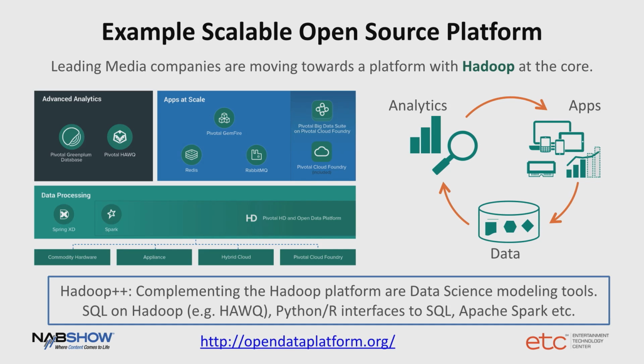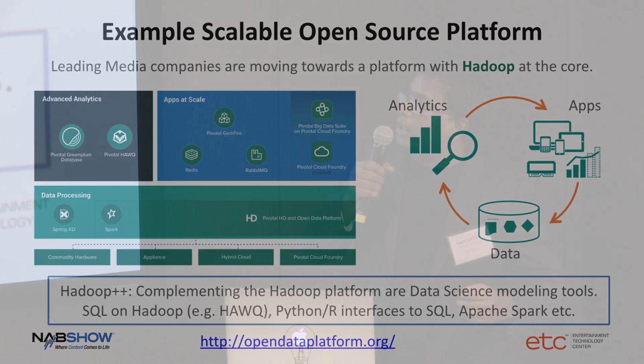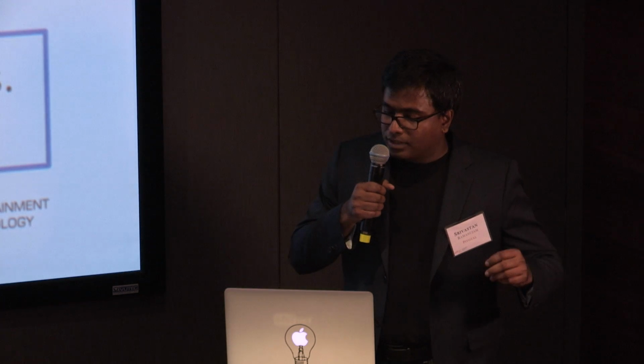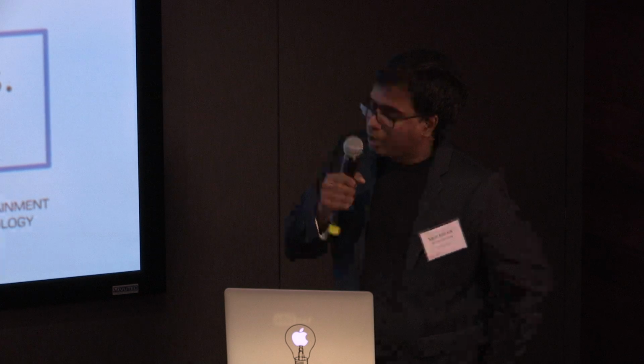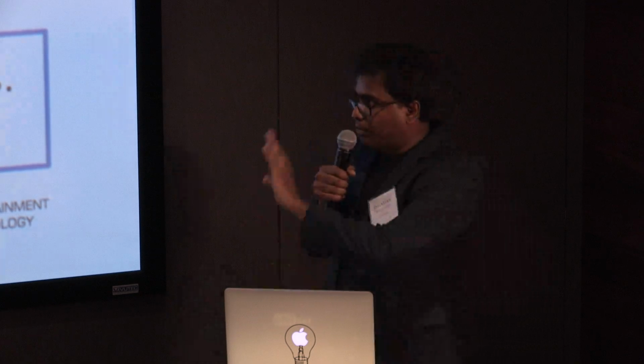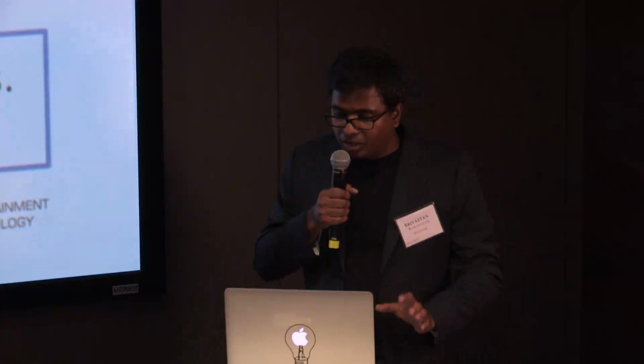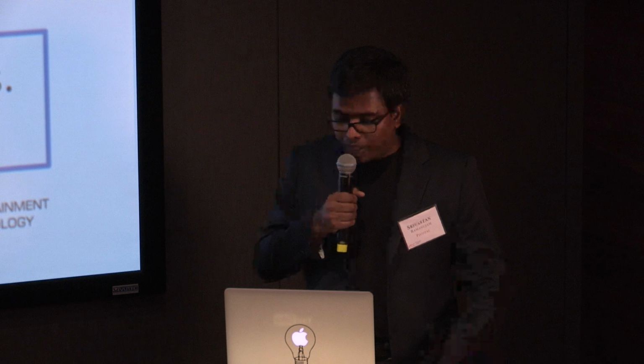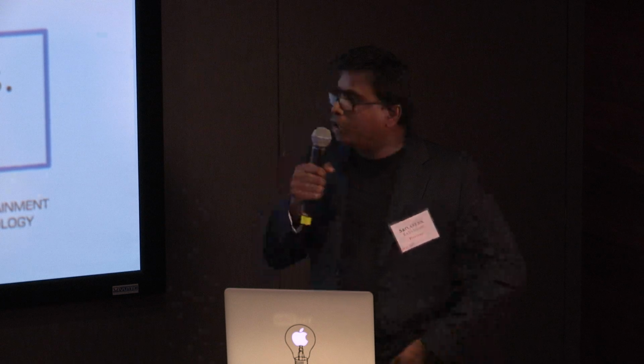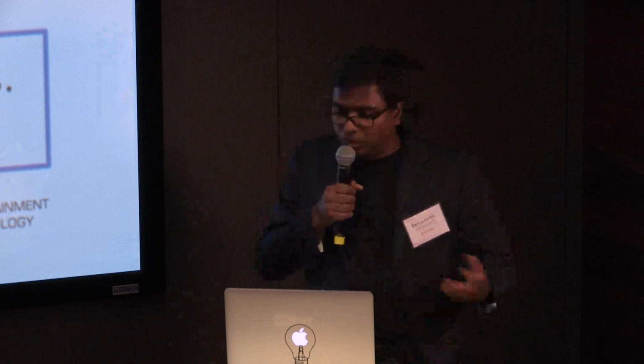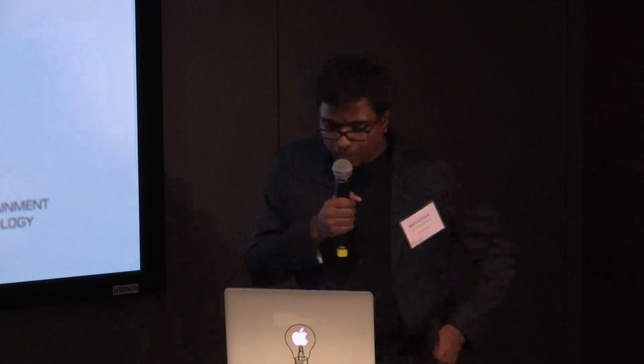And there are other moving parts to this open source ecosystem. For example, you need something which can act as a message queue. So for that, we have RabbitMQ. And for deployment of cloud apps, we have things like Cloud Foundry. Again, these are all open source tools, but they ultimately form the Hadoop++ ecosystem, which supports data science for media and for other industries as well.